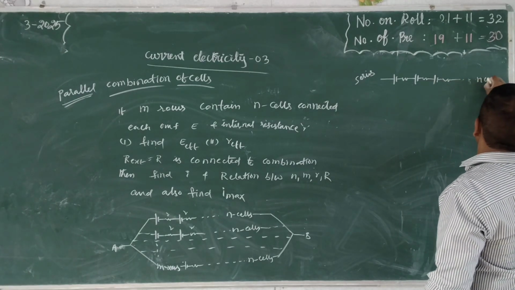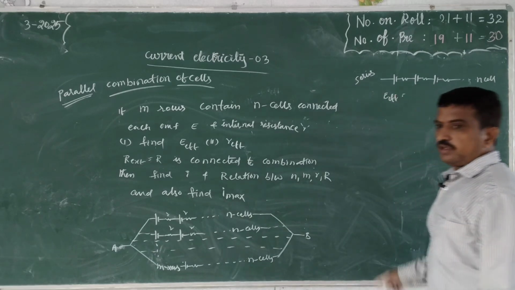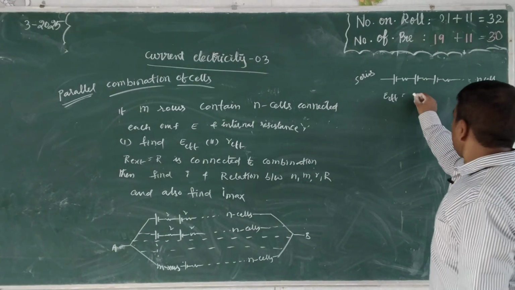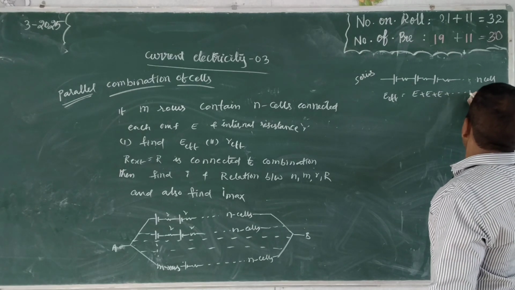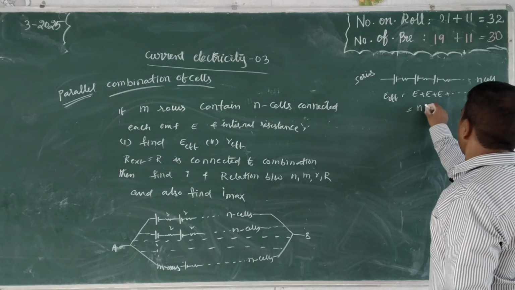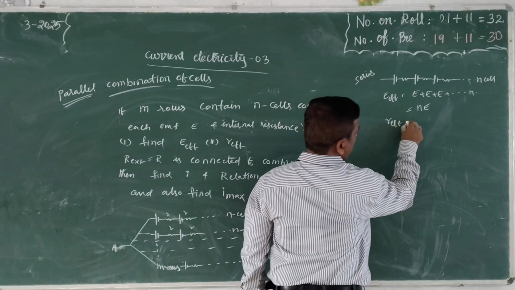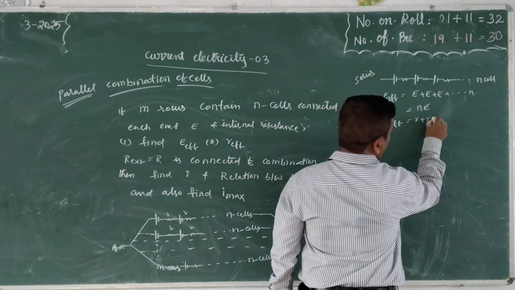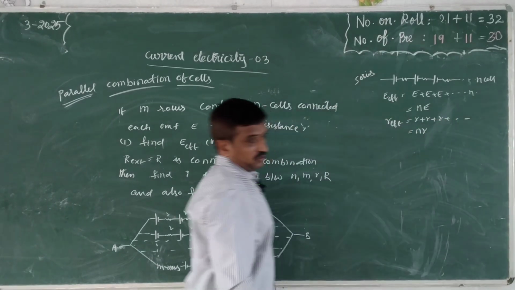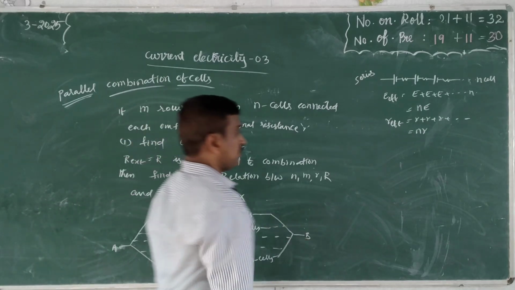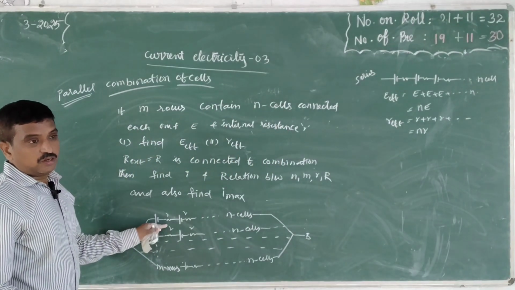The effective EMF is E1 plus E2 plus E3 and so on, so E plus E and so on, n times. So the effective EMF is nE. The effective resistance is r1 plus r2 plus r3 and so on, so nr is the effective resistance. That means each row has EMF nE and resistance nr.